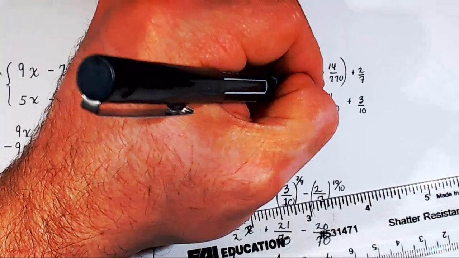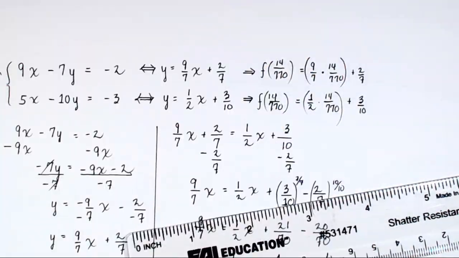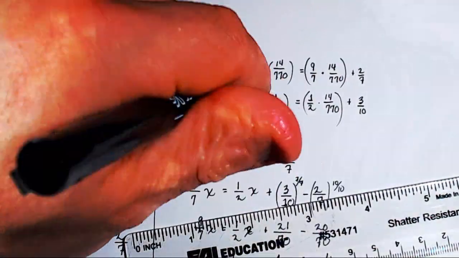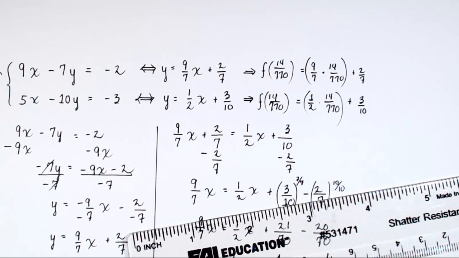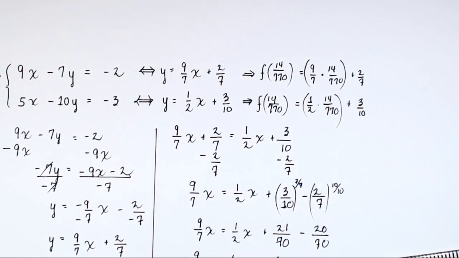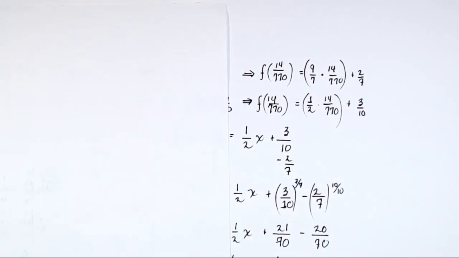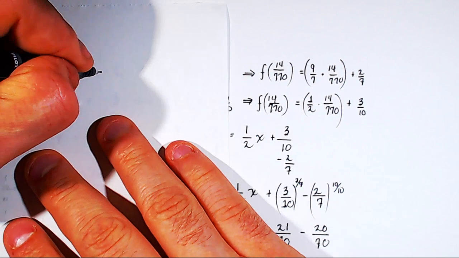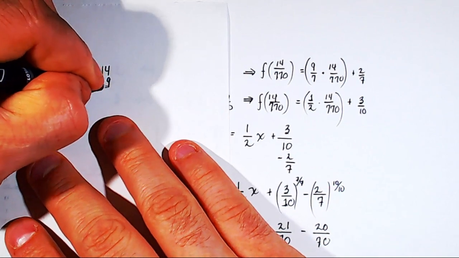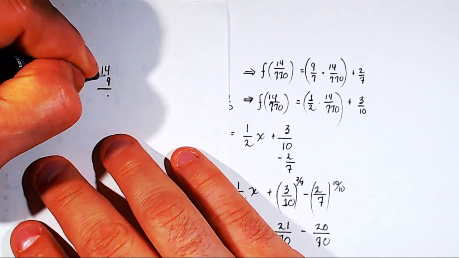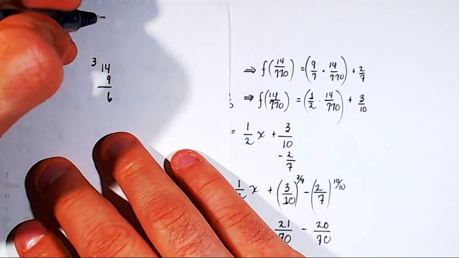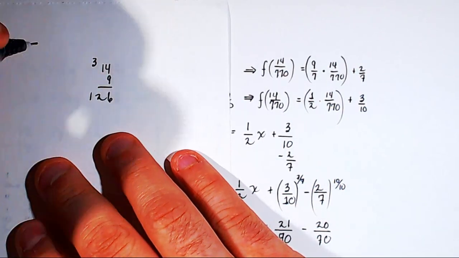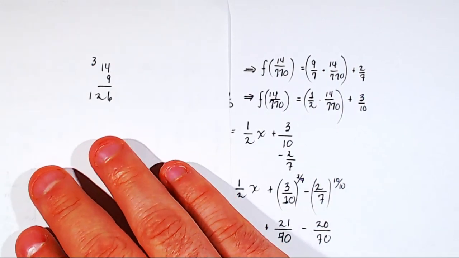Well, it's kind of time to work it out, isn't it? I need to multiply 9 times 14 to get the numerator here. What is 9 times 14? Again, if I don't know, there's an easy way to find out. Let's take a piece of scratch paper now because I'm going to run out of space. 14 times 9, it's 36. Carry the 3. 9 times 1 is 9, plus 3 is 12. So that's 126.